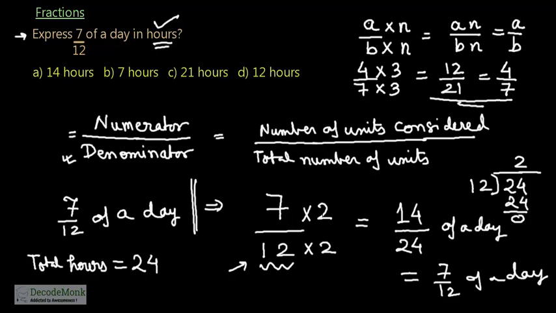So again 14 by 24 of a day means 14 hours by 24 hours. We can clearly see that 7 by 12 of a day is equivalent to 14 hours. So the answer to the question is 14 hours, which is option A.